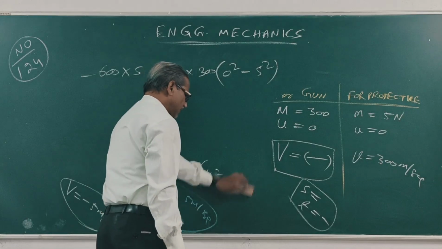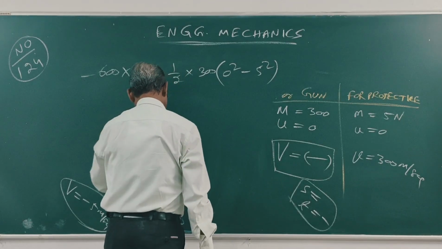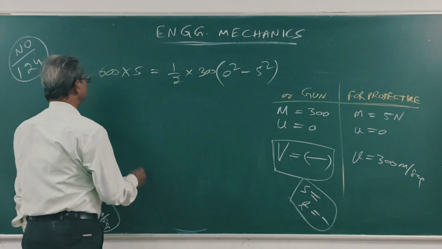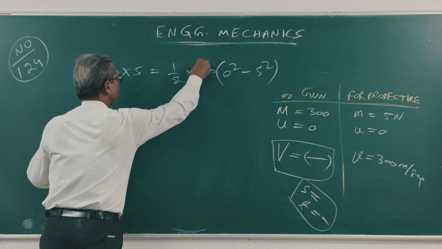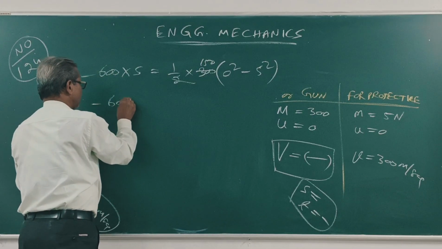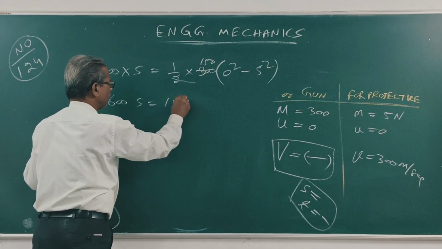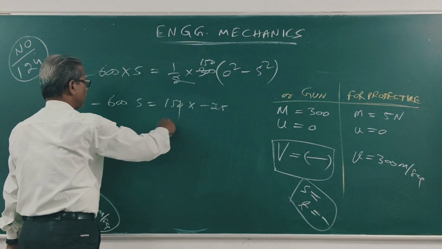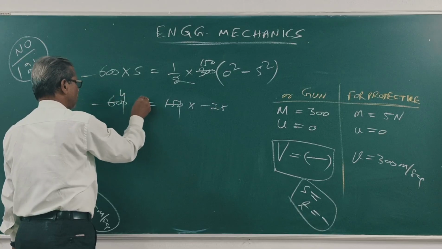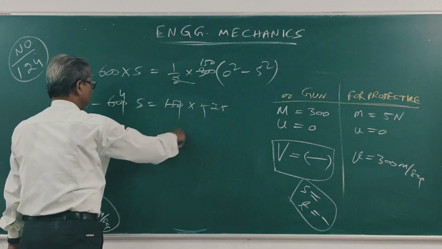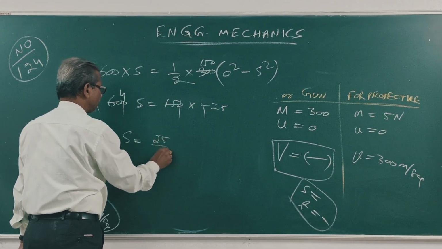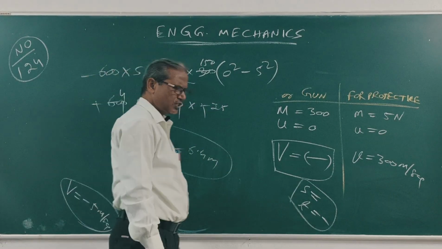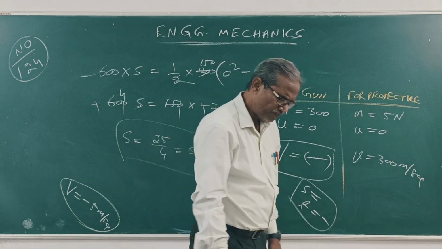Clear? So this 150. So minus 600 S is equal to 150 into minus 25. Clear? What is S equal to? 25 by 4, 6.4 meter. Clear?